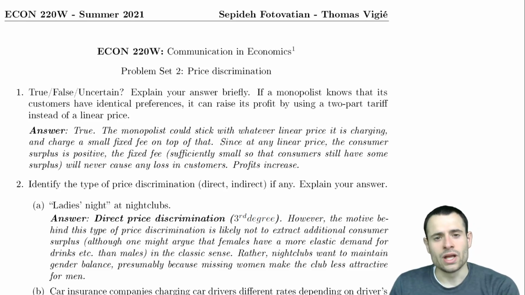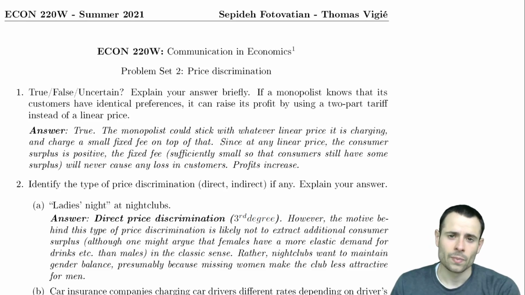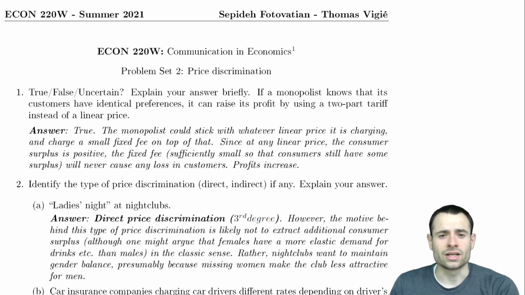Second degree price discrimination, also called indirect price discrimination, is way more realistic. It consists in knowing that consumers are different, but not being able to tell who is what type. In this case, the firm just proposes different bundles, and the consumer is going to select which bundle is the best for him.